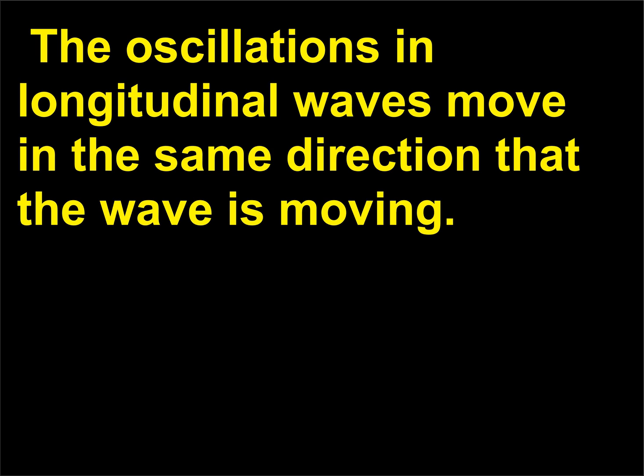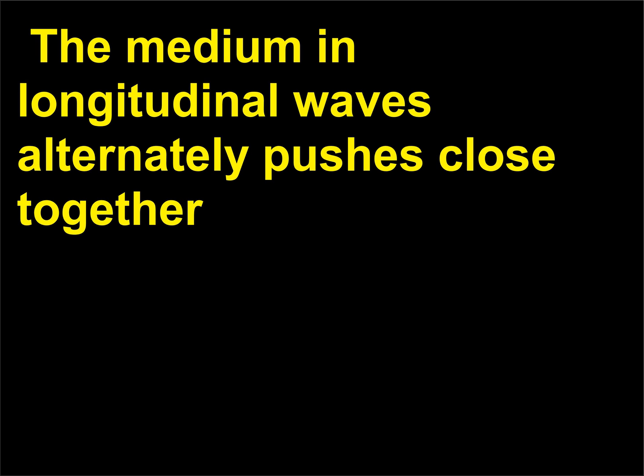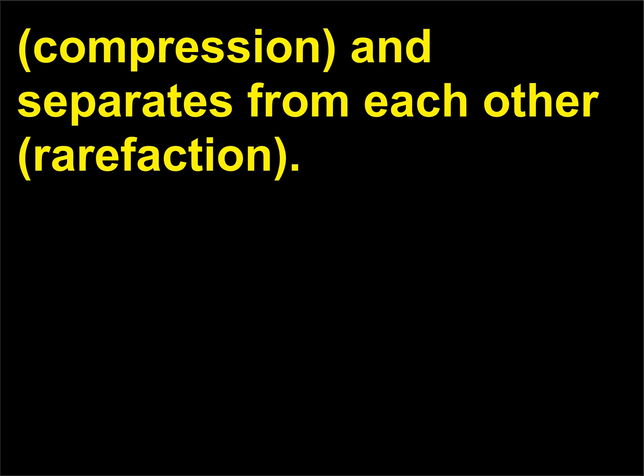The oscillations in longitudinal waves move in the same direction that the wave is moving. The medium in longitudinal waves alternately pushes close together, compression, and separates from each other, rarefaction.